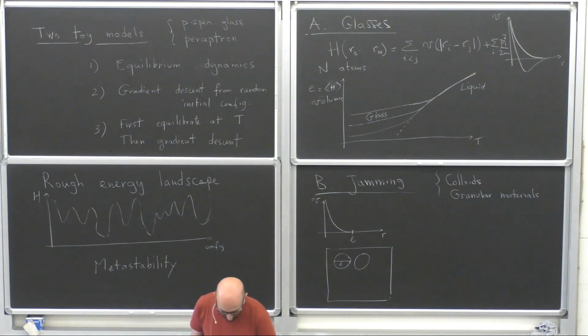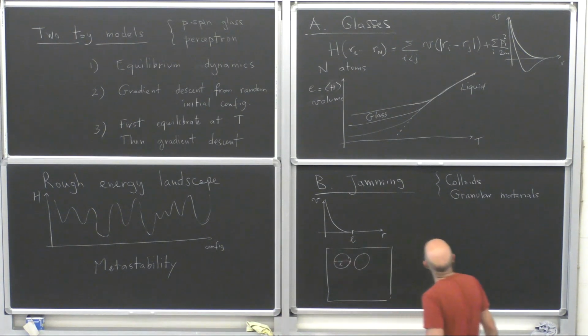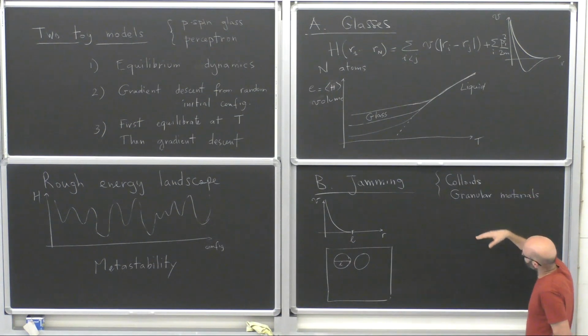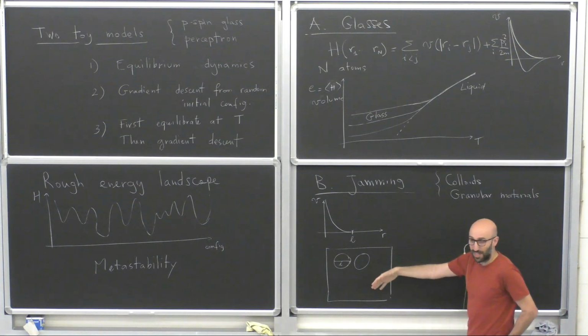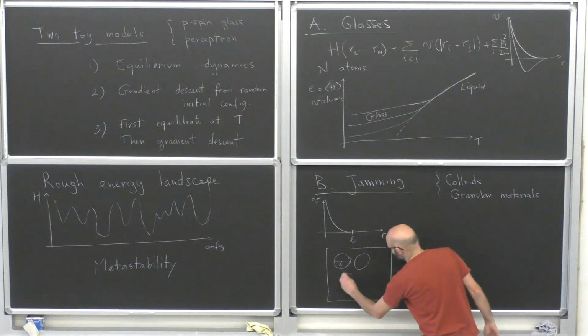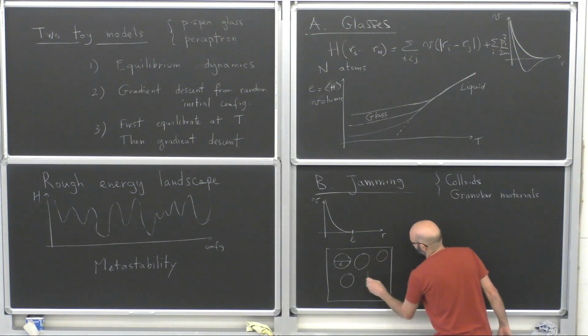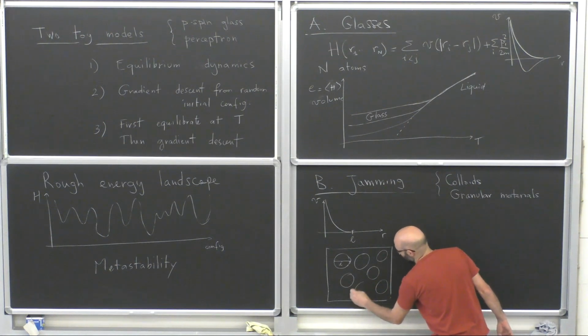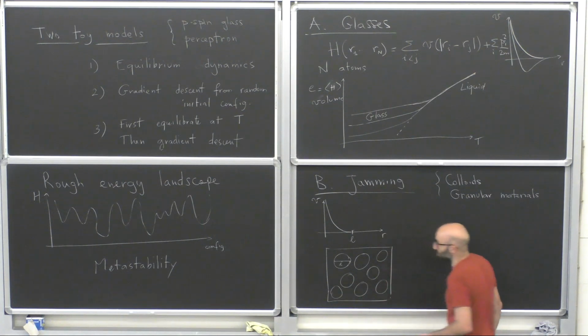That now, when you go to low temperatures and you try to minimize the energy, you can have two situations. You can have a situation like this, where there is enough space for the particles to fit in the box.